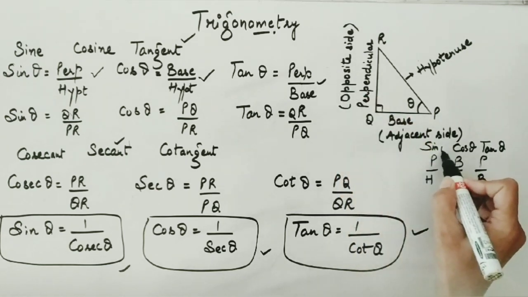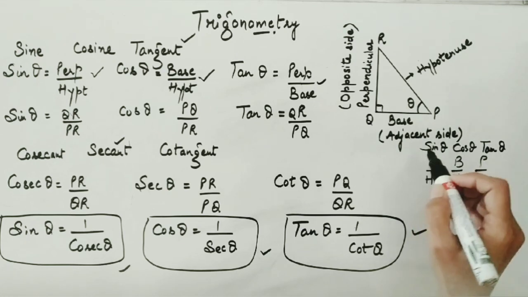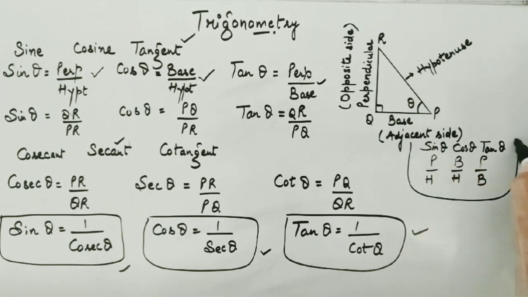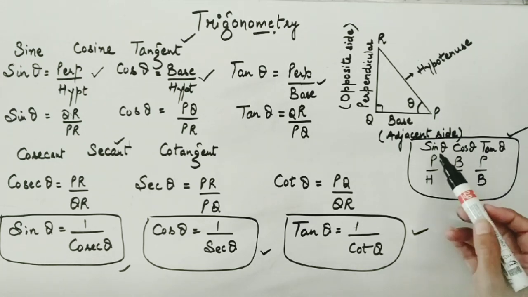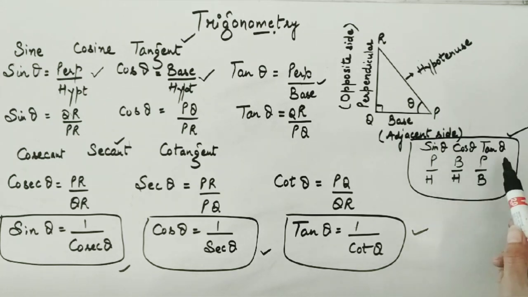This is a memory trick which can help you memorize this set of ratios easily. And once you are done with sine, cos, tan, for the other set you just reciprocate them. Remember this also: sine and cosecant are reciprocals, cos and secant are reciprocals, and so is the case with tan and cot.